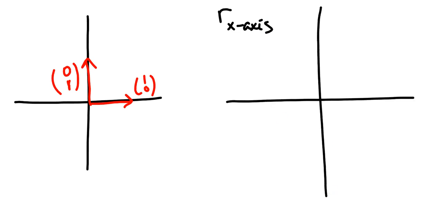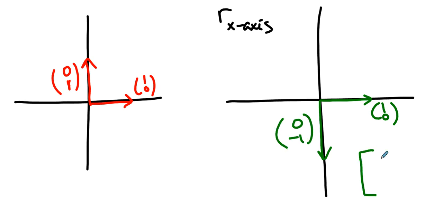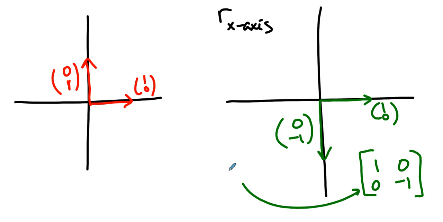If we do a reflection over the x-axis, the vector (1, 0) remains the vector (1, 0). The vector (0, 1) becomes the vector (0, -1). And so the matrix with (1, 0) as a column vector and (0, -1) as a column vector will accomplish a reflection over the x-axis.